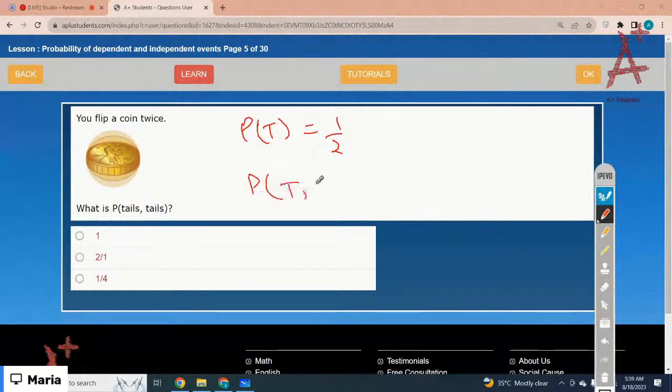So the probability of tail and tail is 1 over 2 times 1 over 2. That would be 1 over 4.